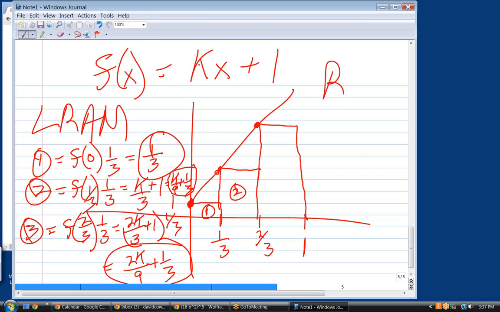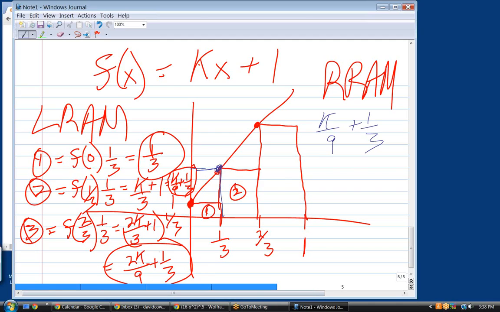Let's do right ram over here, and I'm going to use the blue pen. What's the height of the first rectangle using right ram? It's f of 1/3, so it's the same as this one here, k over 9 plus 1/3. That's rectangle number 1.